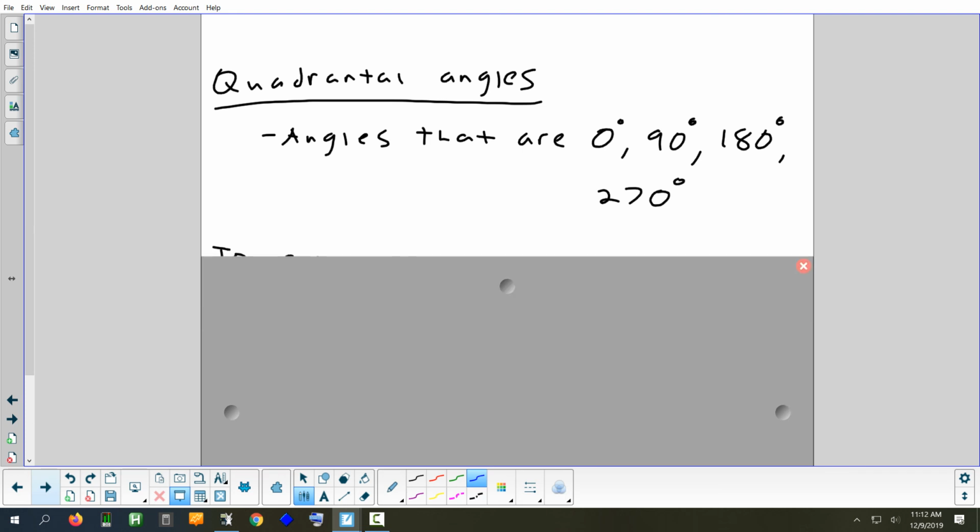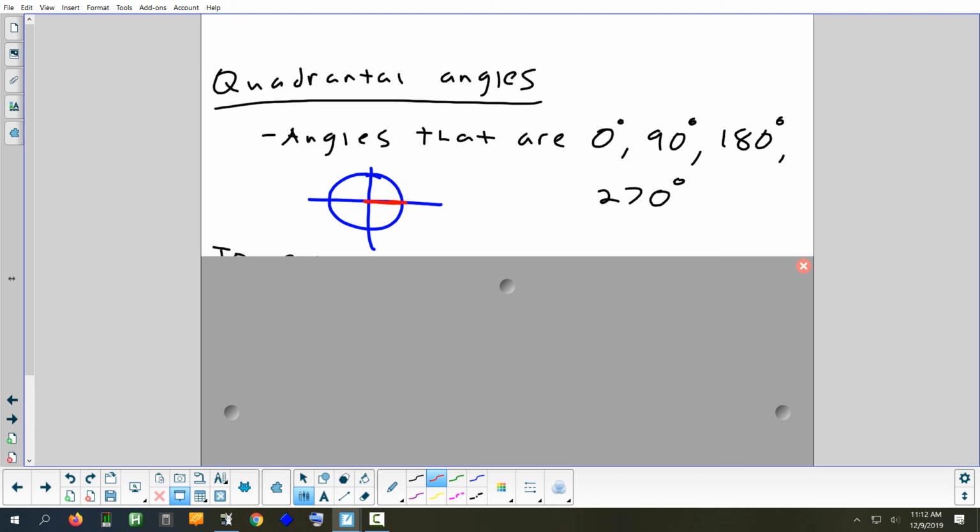Let's look at 90, for example. Here's my initial side. Where would the terminal side be for a 90-degree angle? Up on the y-axis, not down.